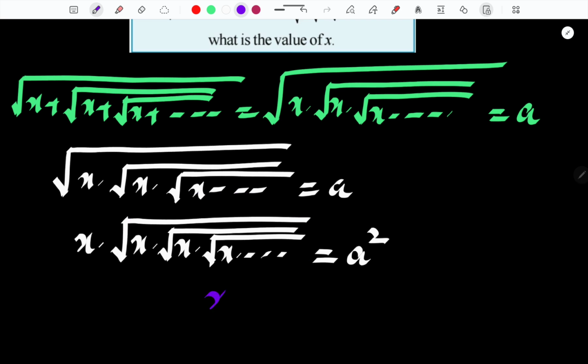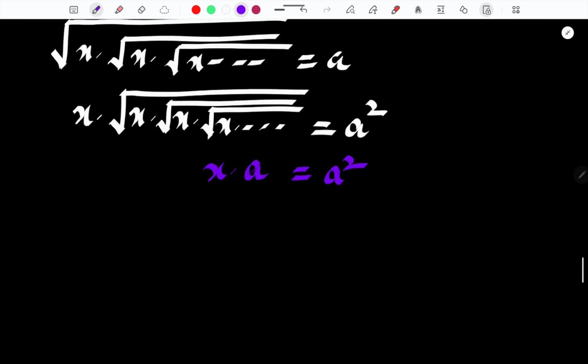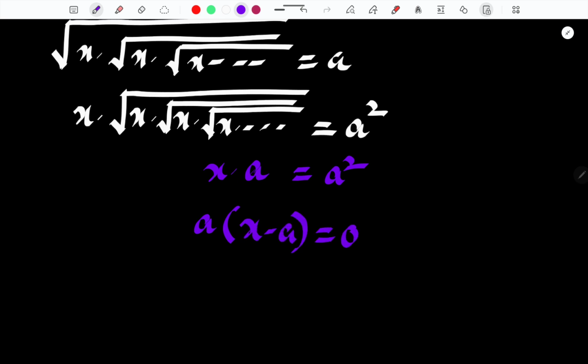So x into a equals a square. If you simplify this, you will get a into x minus a equals 0. Therefore a equals 0 and a equals x.